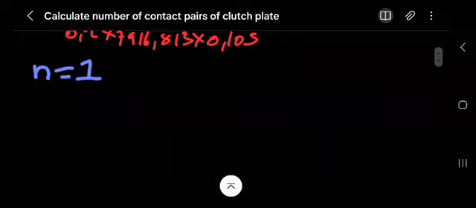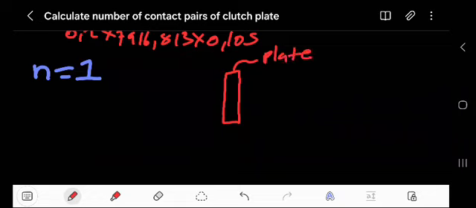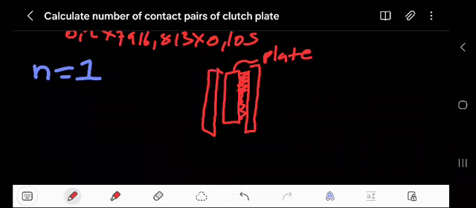That means this plate is not a normal plate. If you had one contact, here will be the plate, then we'll have the disc, so here will be the contact. So where is the other pair we're supposed to have? That means this side is broken, it is not active.